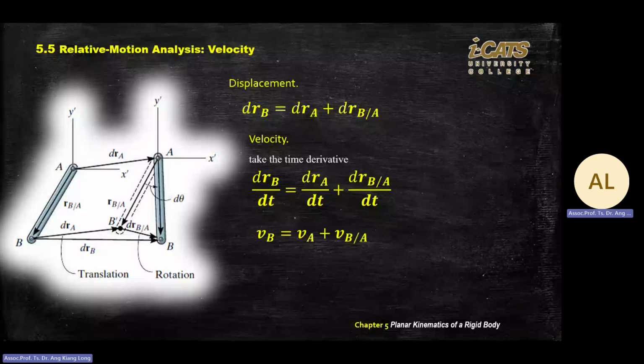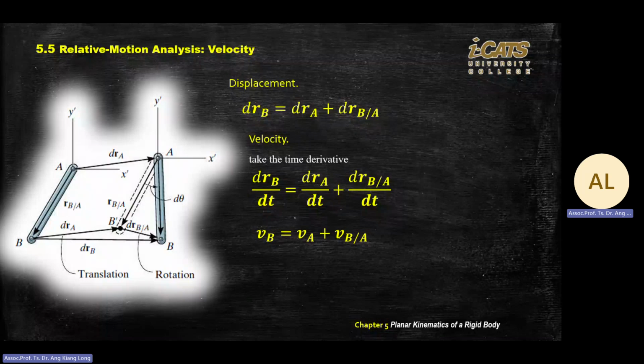So you can simplify your equation, or memorize it as VB equals VA plus VB stroke A. Or if you want to find VB stroke A, it equals VB minus VA, depending on how you memorize. This is just the vector diagram: change r to v, position to velocity.